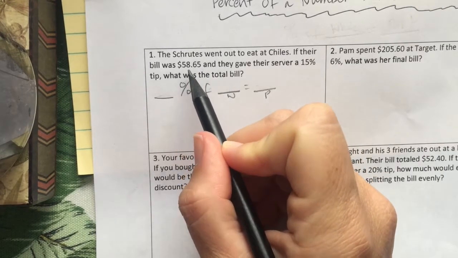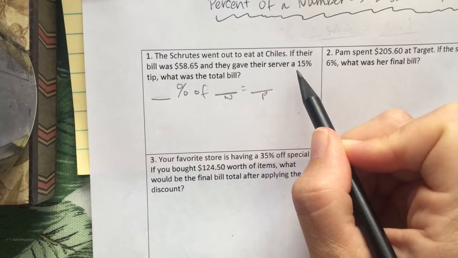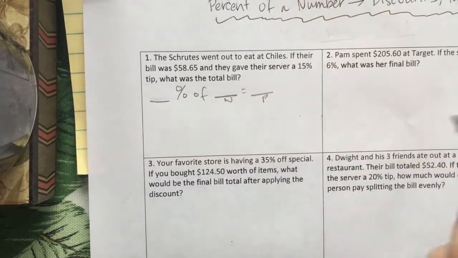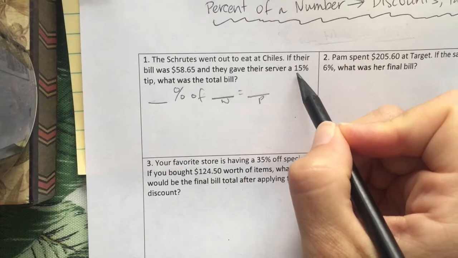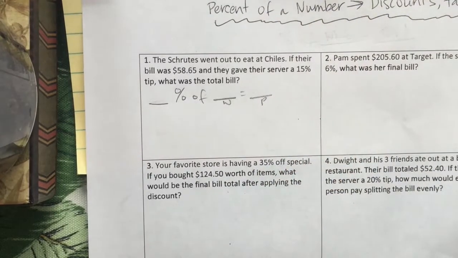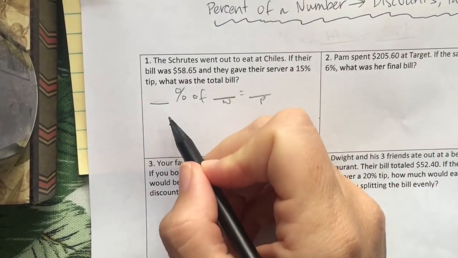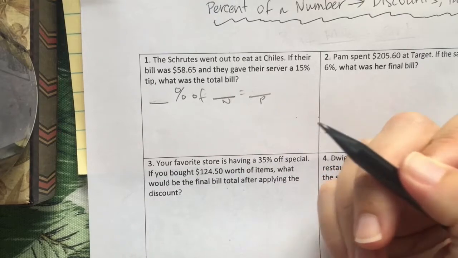If their bill was $58.65 and they gave their server a 15% tip, what was the total bill? So we're at a restaurant and we have a bill and we're trying to calculate the tip, and we need to figure out what the total bill was. So in this case, see if you can figure out what goes where, including your X. What are we trying to figure out?